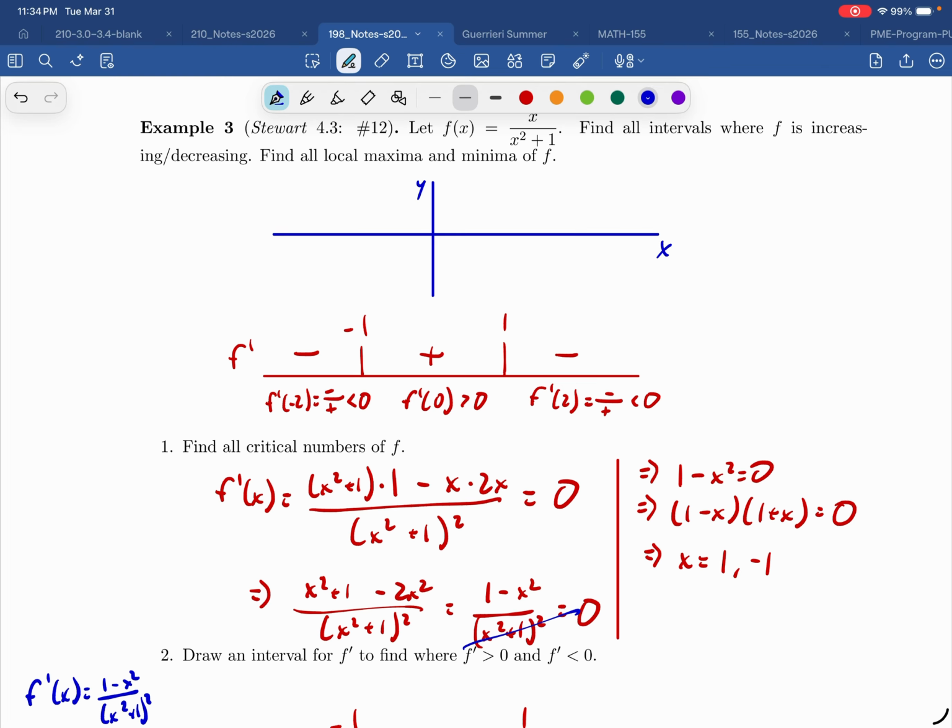If we do this one out, we see our function, if negative 1 and 1 are points of interest, is maybe decreasing and then increasing, and then decreasing again. Maybe it looks something like this.